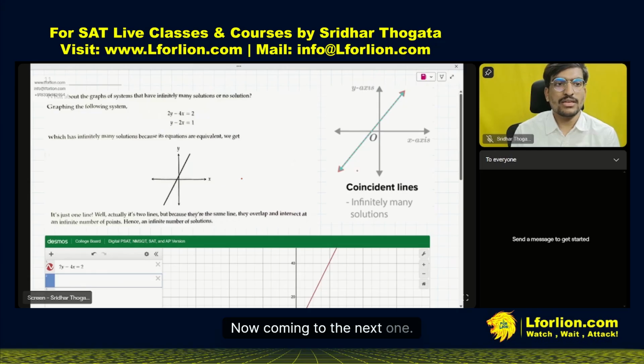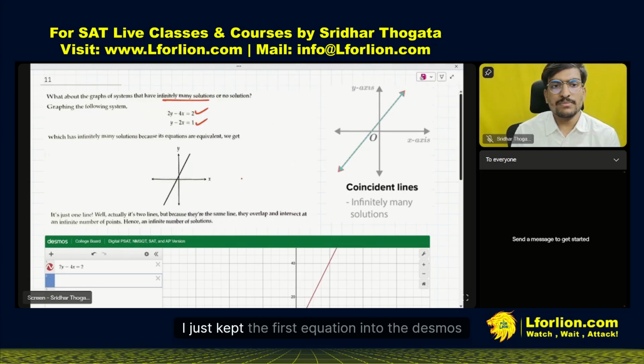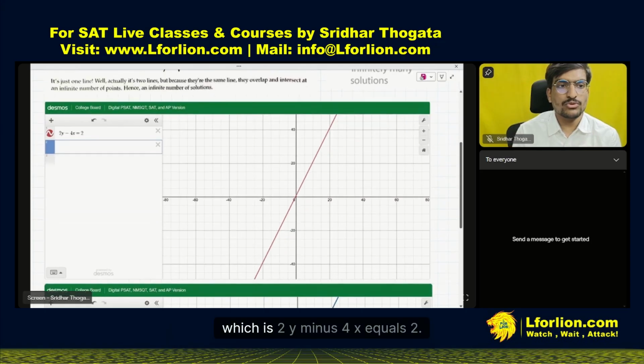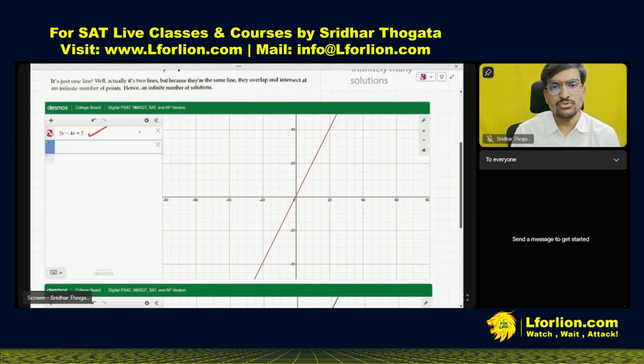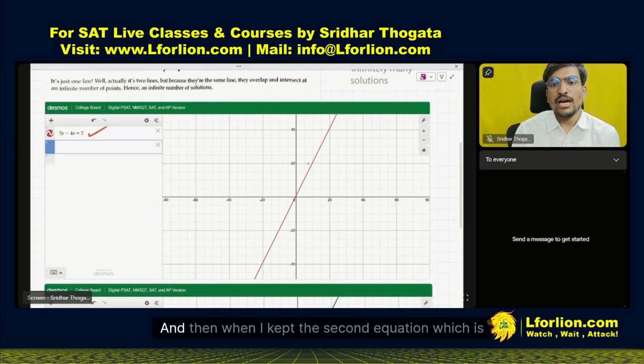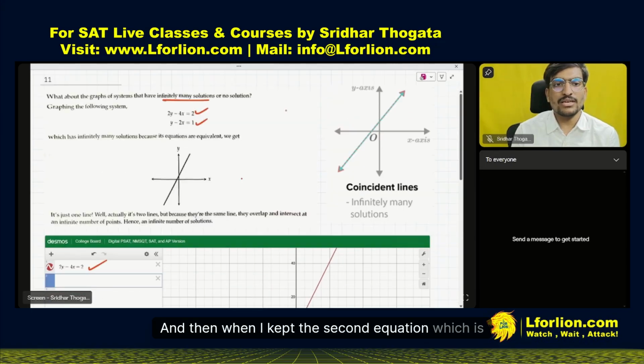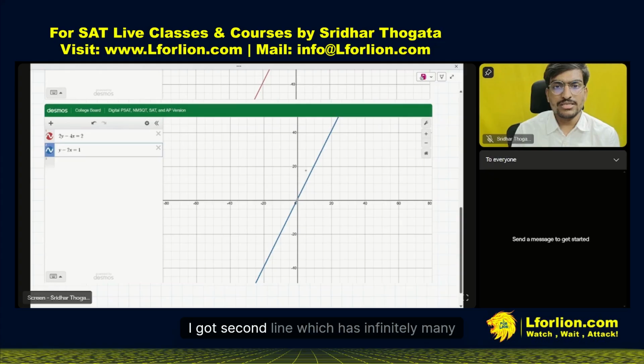Now coming to the next one, infinitely many solutions. They gave two equations. I put the first equation into Desmos, which is 2y minus 4x equals 2. I got this line. And then when I put the second equation, which is y minus 2x equals 1, into Desmos, I got a second line.